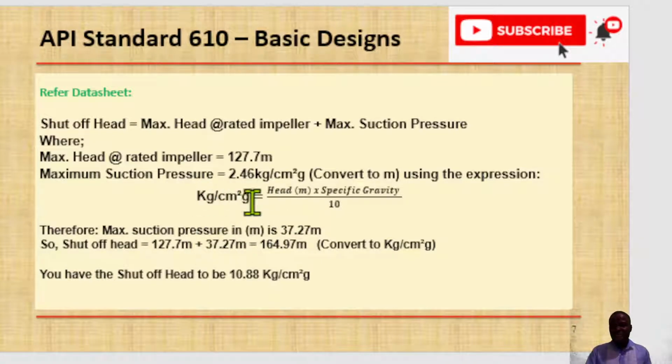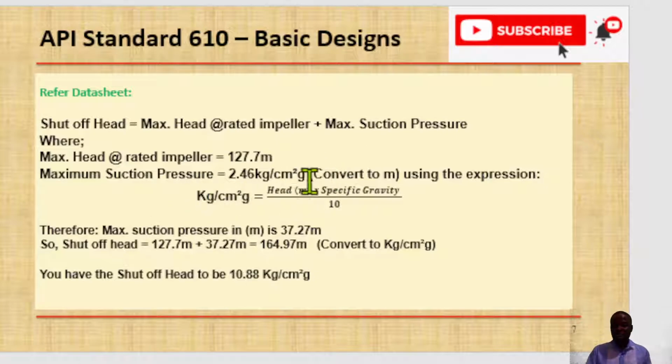For pressure in kg per centimeter square gauge, you use the head in meter multiplied by the specific gravity, which you as a purchaser must have supplied to the vendor, over 10. So you use this expression to convert your maximum suction pressure from kg per centimeter square gauge to meter.